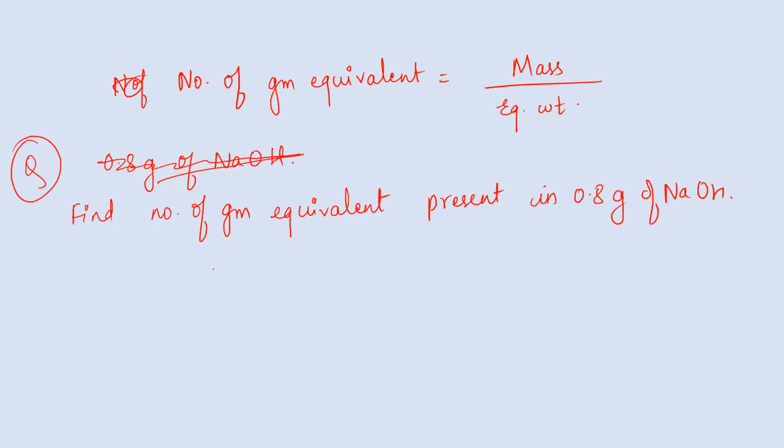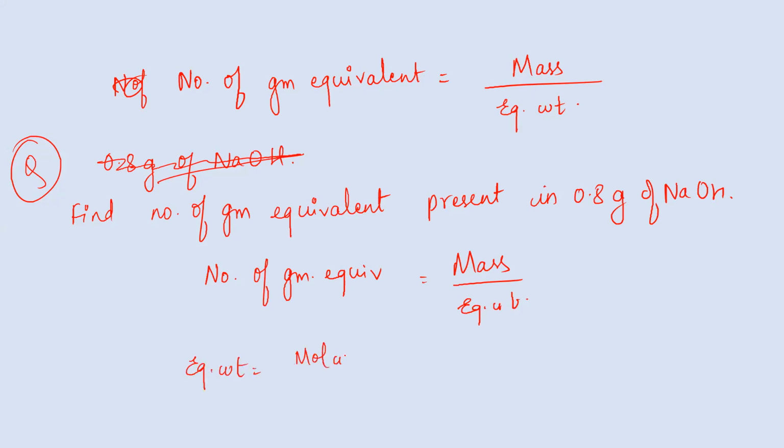So what will you do here? Now you will have the formula, number of gram equivalent is equal to mass divided by equivalent weight. How to determine equivalent weight? We just saw molecular weight divided by valency. So what is the molecular weight of NaOH? 40 divided by 1 is equal to 40. So you have 40 as the equivalent weight.